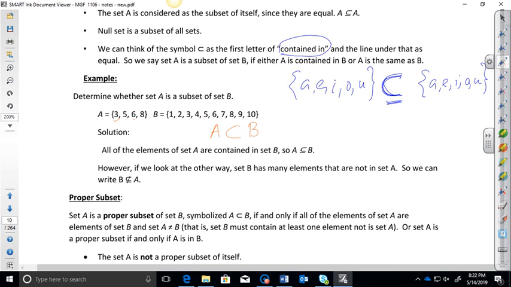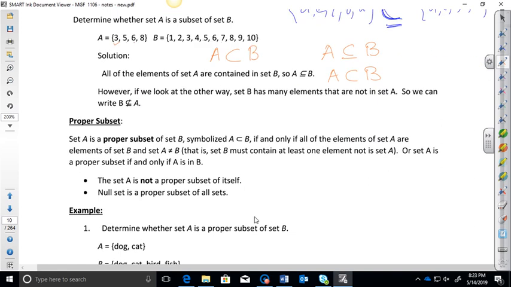So I can say A is a subset of B and also A is a proper subset of B. Both are correct. But I cannot say B is a subset of A because B is much bigger than A. But A is a subset of B. A is a proper subset too. Set A itself is not a proper subset.